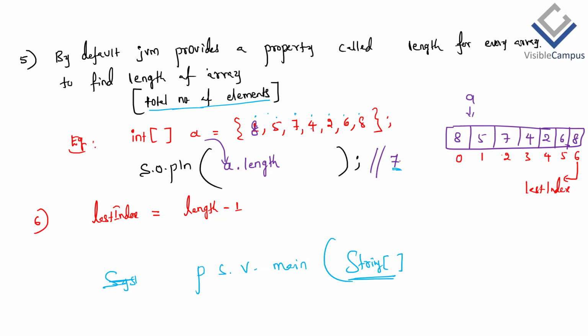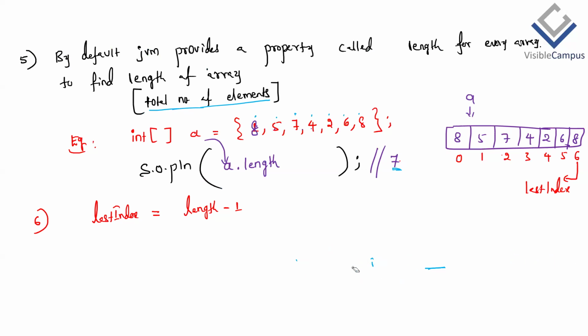The input for this main method is a string array. What is args? Just a variable name, like we use int x as a value for our area method. In the same way, it's a string array, and args is the professional way of saying arguments. Nothing beyond that.